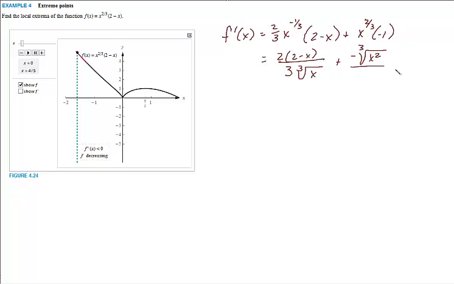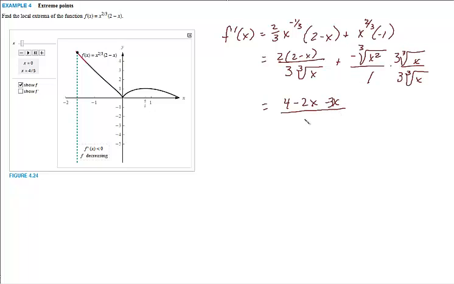I'm going to multiply this guy top and bottom by 3 cube root x. I will end up with 4 minus 2x. This will end up being a minus x all over, oh yeah, there's a 3 in front of there.